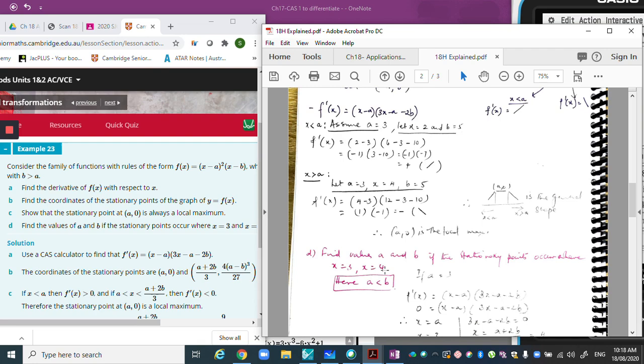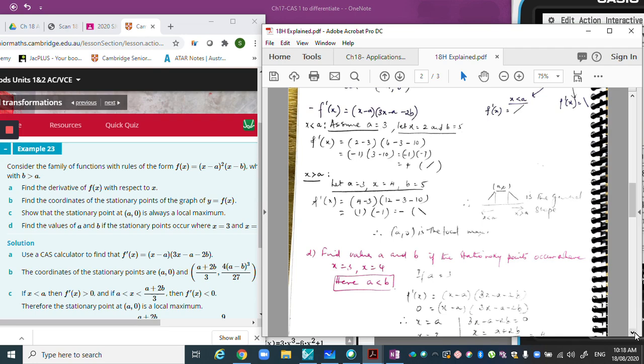Find values of a and b if the stationary points occur when x is equal to 3. Now if a is equal to 3, here a is less than b, as you can clearly see, a is less than b given.